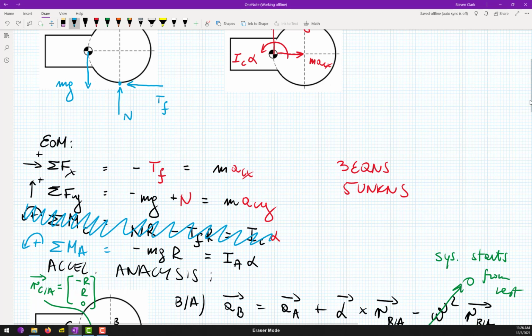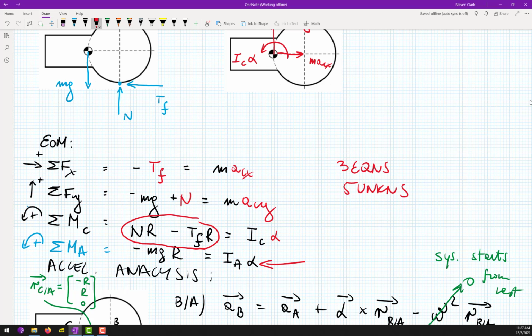Because now everything on the left-hand side is known. Look here in this expression. We know all of these values. In contrary to what happened here, we don't know N and we don't know TF. Do you see that? So actually obtaining alpha via this approach is much faster.